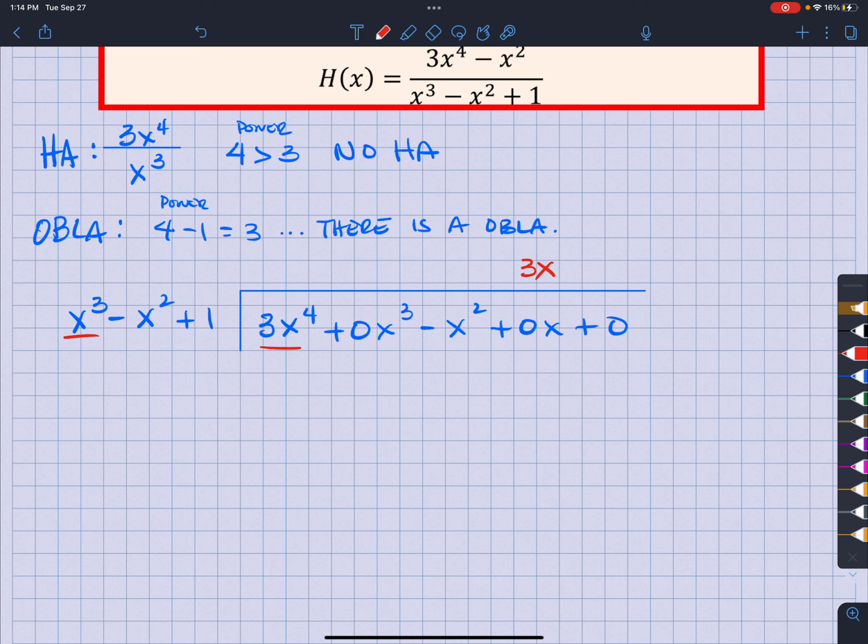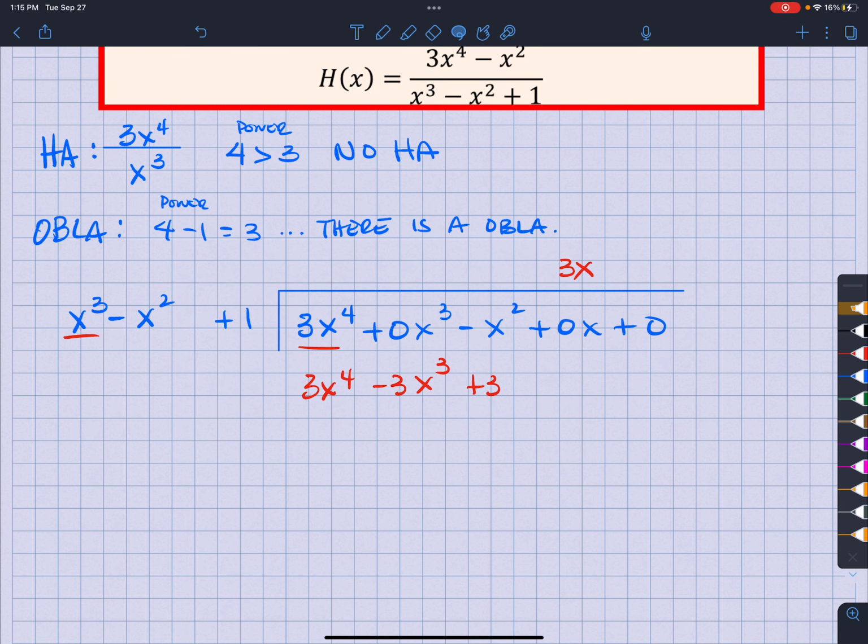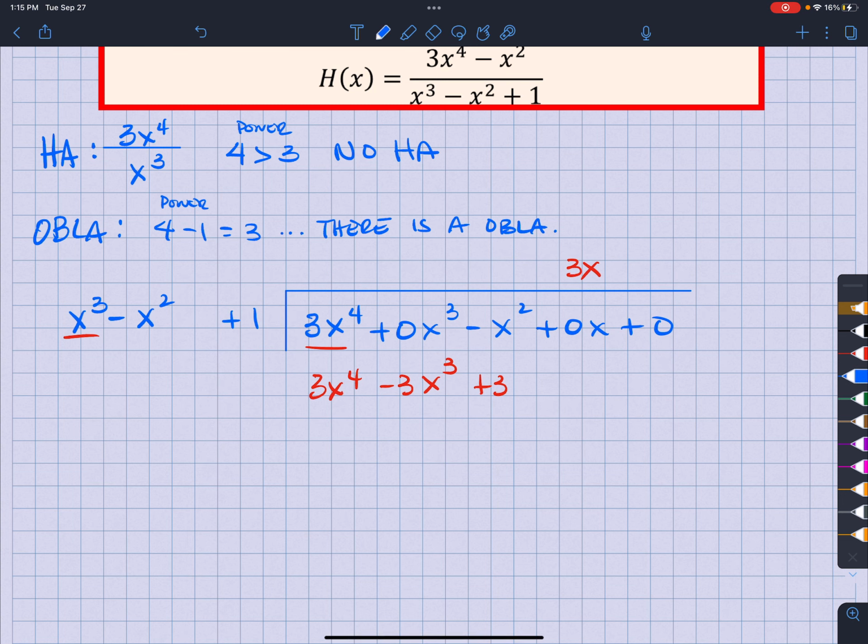I get 3x to the fourth minus 3x to the third plus 3. Oops, I forgot the placeholder for this. There we go.